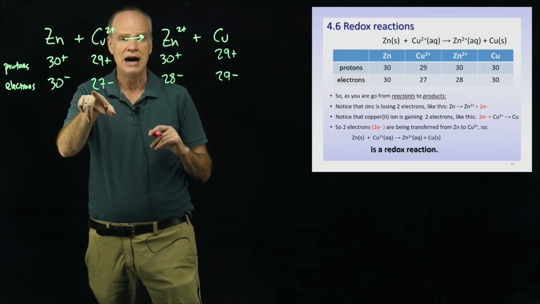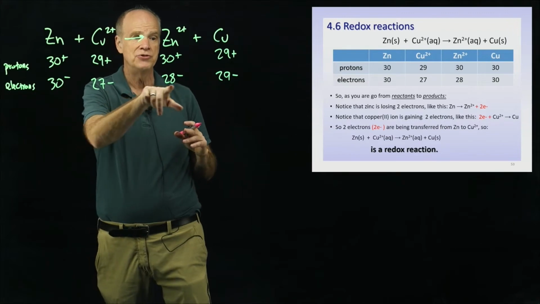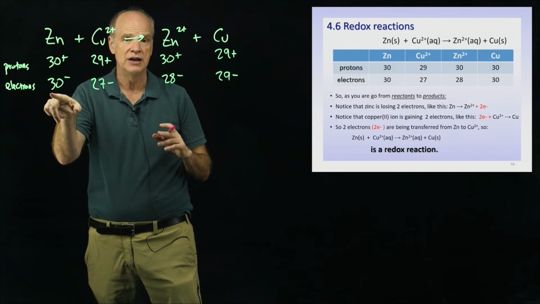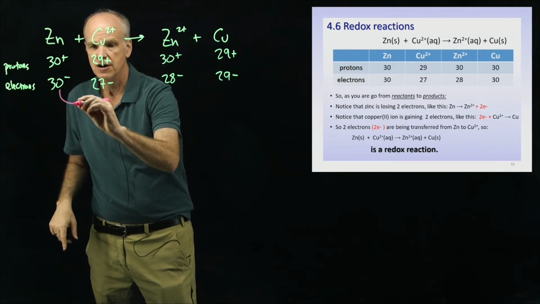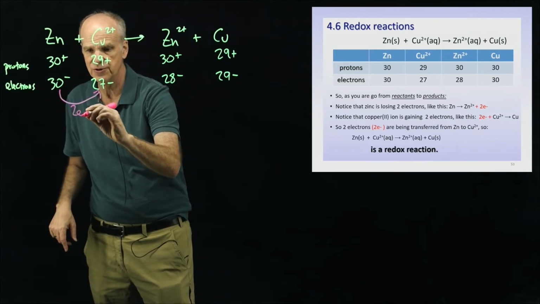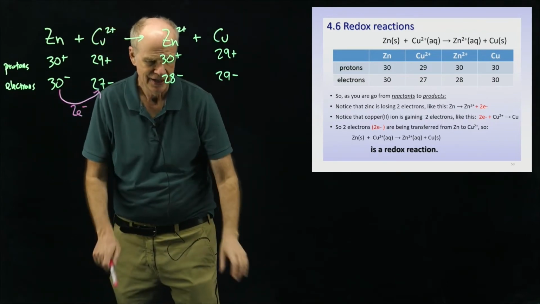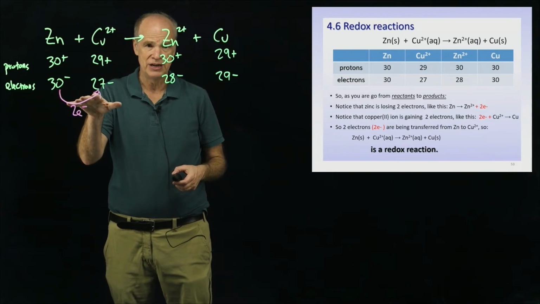Well, copper ion starts out with 27 negative charges, electrons, and then it picks up 2 to become 29 electrons. So the 2 electrons that are being lost by zinc metal are being transferred over to copper 2+ ion. So I'm going to write 2e- like that. Okay, so that identifies this as a redox reaction.